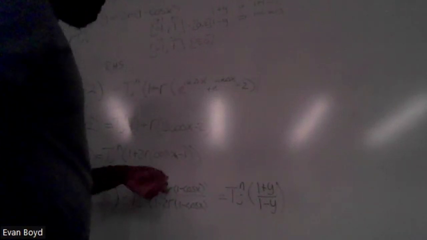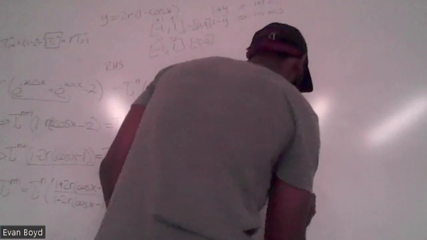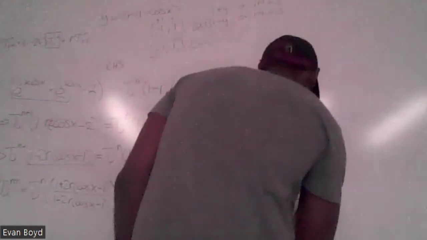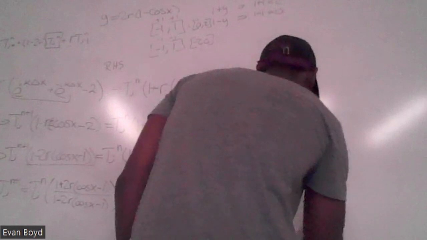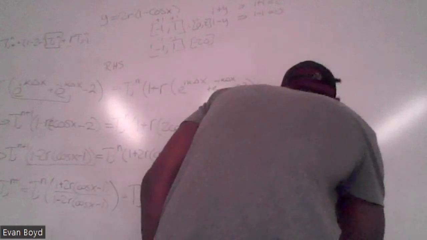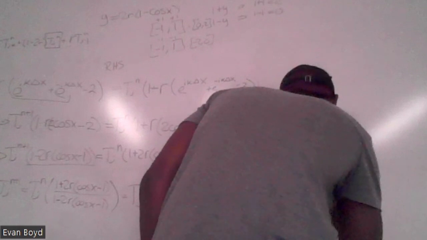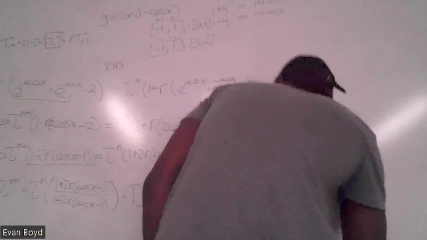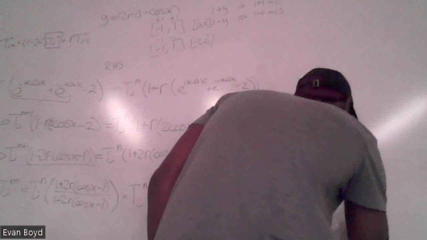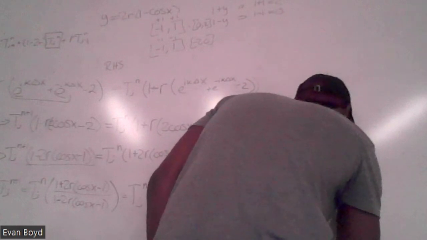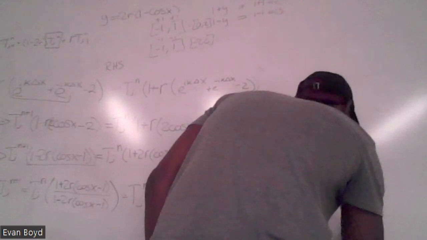So now we can just put in here T of n, time n, position J, times 1 plus r times 2 divided by 1 minus 2 of r times 2.